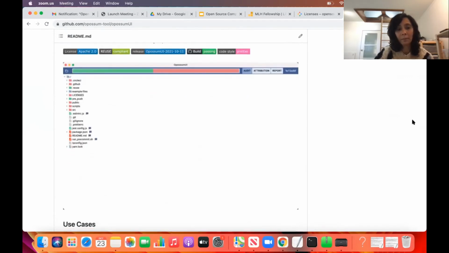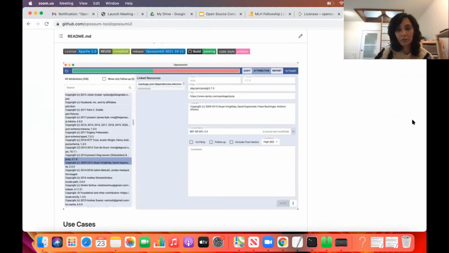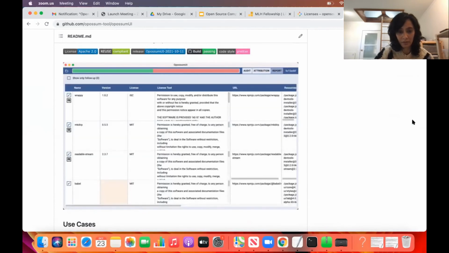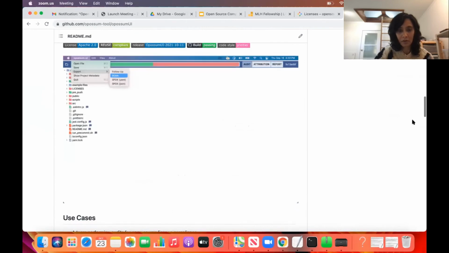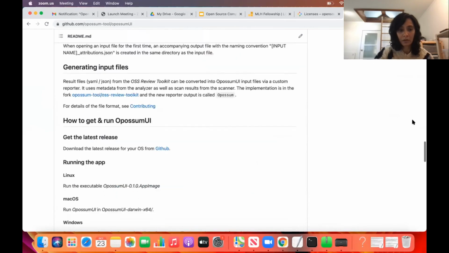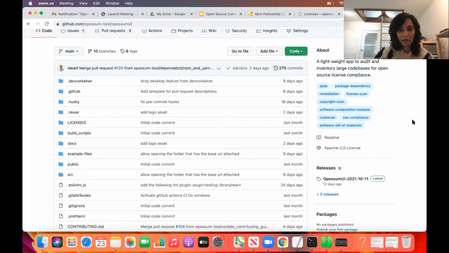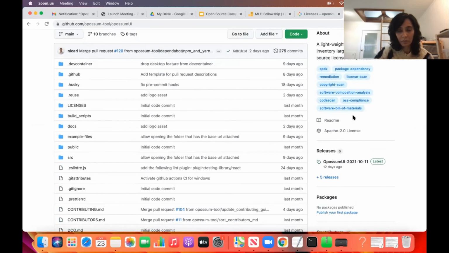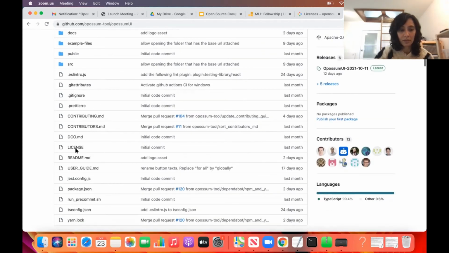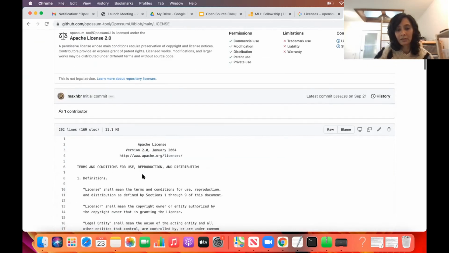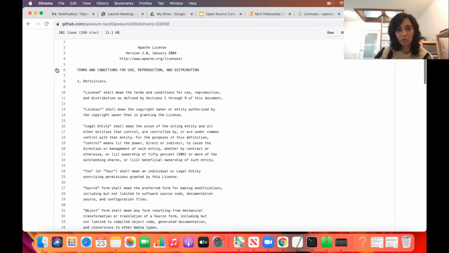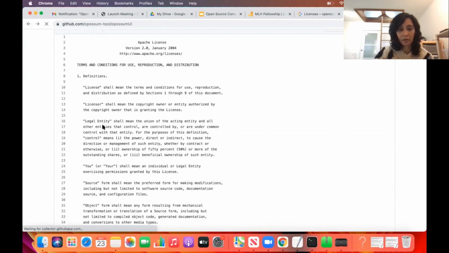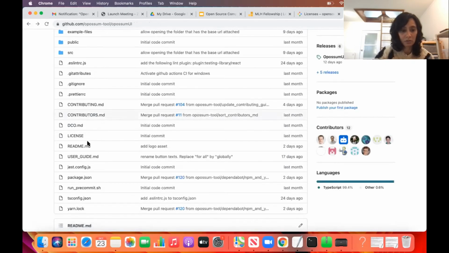So I'll show you a bunch of stuff that we had to take care of. So here, you're right. This project is licensed under the Apache 2.0. That was the license we picked. And here you've got this license file, which has the license text of the Apache 2.0 license.